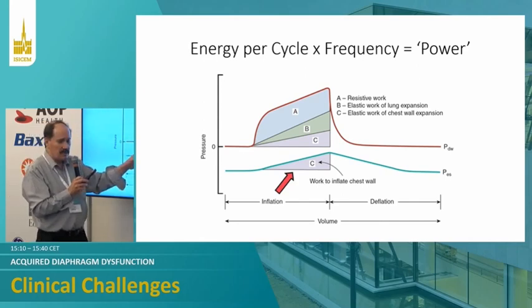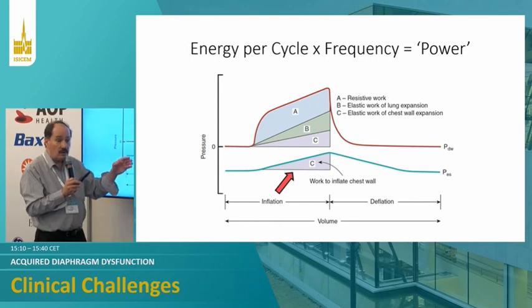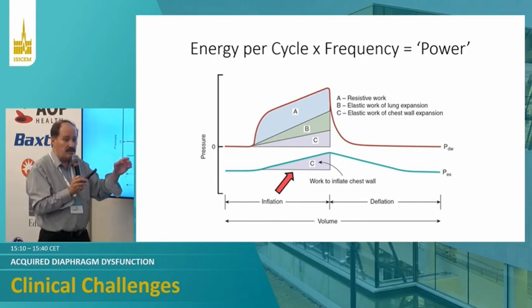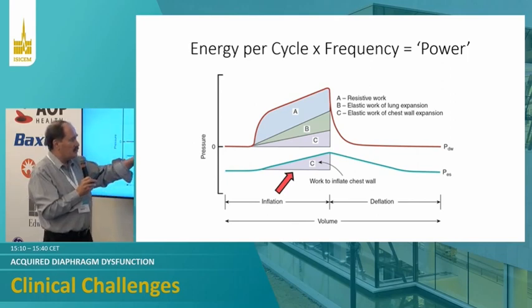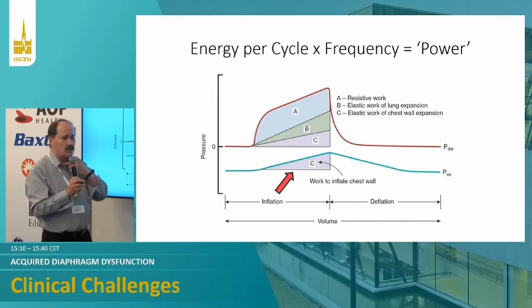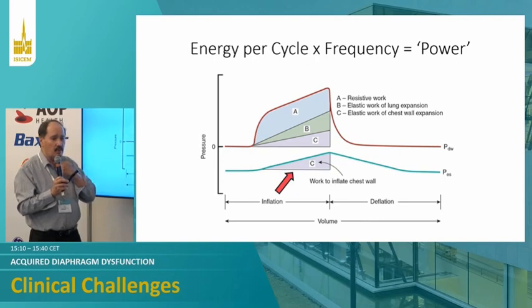That area quantifies the work of breathing and also quantifies the energy that you're applying with your ventilator. So C is the work to inflate the chest wall, and that appears in what clinicians will measure at the airway opening. We can only measure one point here.